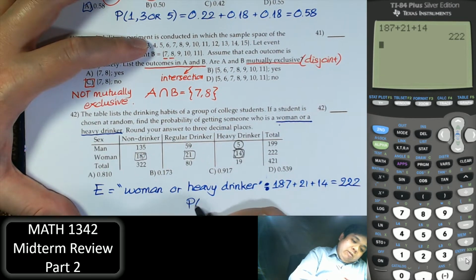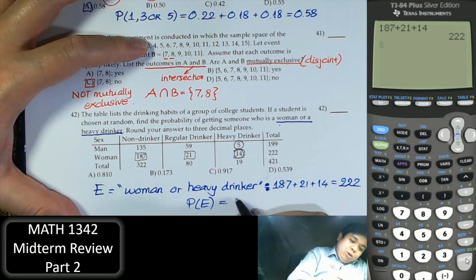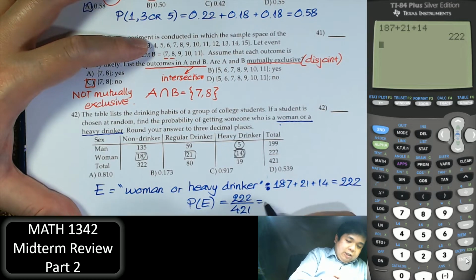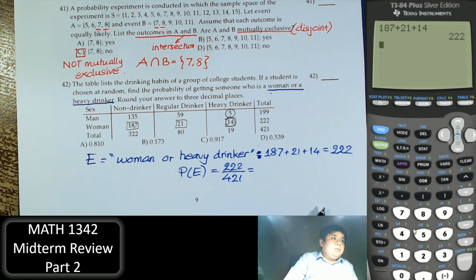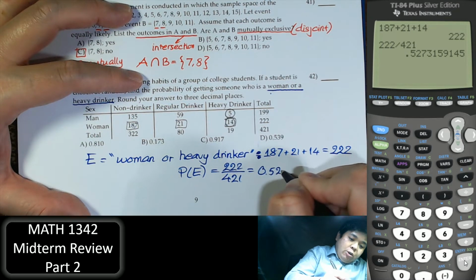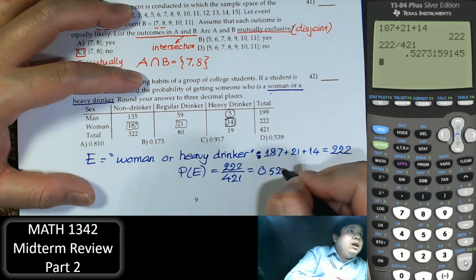So the probability of getting the event is 222 over 421, and we have 0.527.